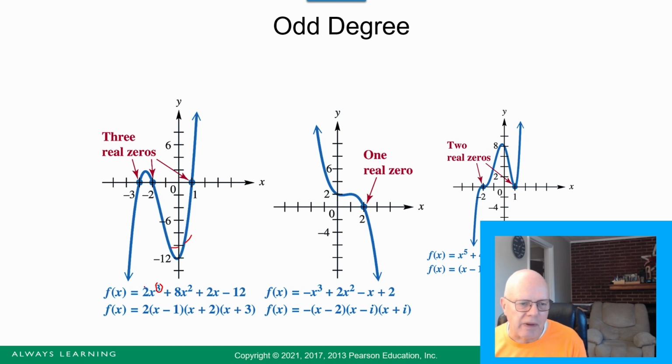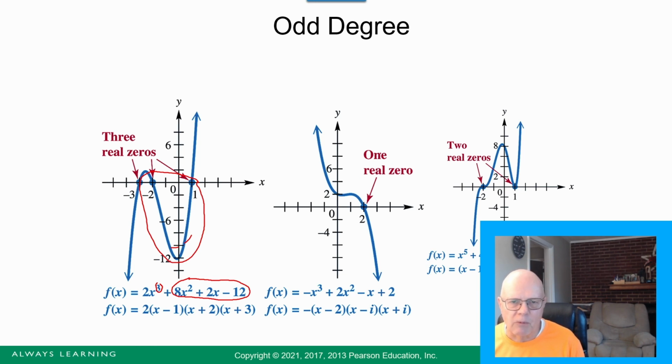Now the 2 being here means this is stretched. This climbs faster and descends faster. And then the other terms are what create the interesting characteristics that go between the right and the left.